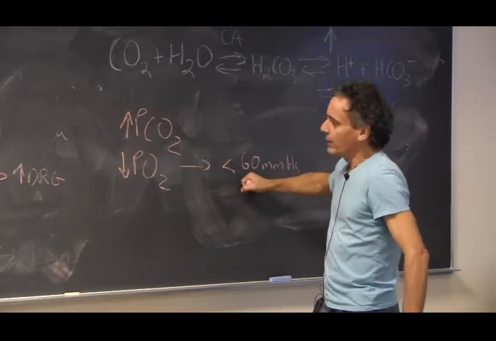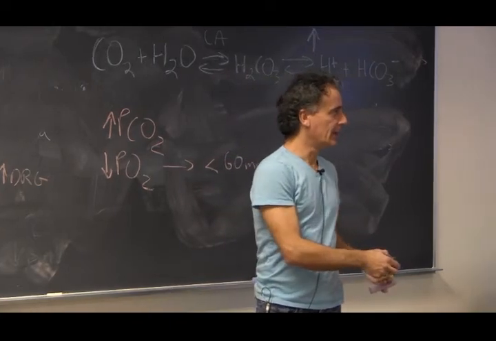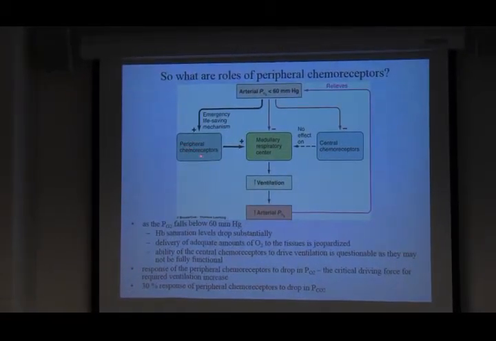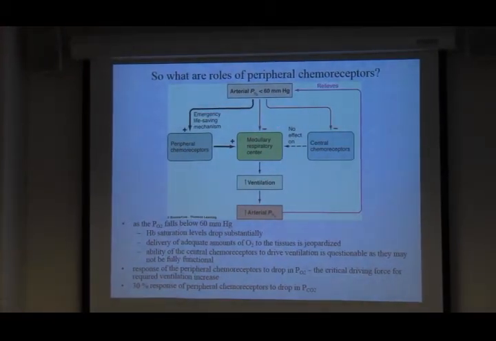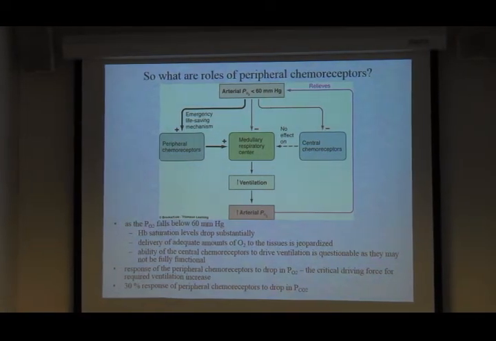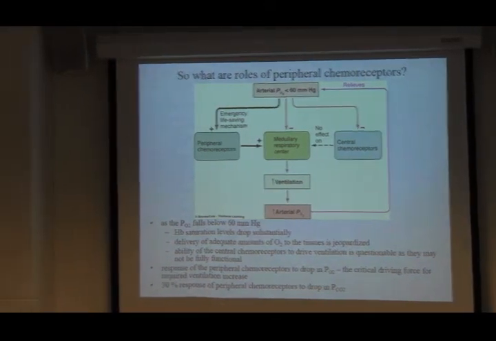At this point, the peripheral chemoreceptors, if you recall correctly, become active, and they in turn now begin to stimulate the DRG, and the pattern of breathing gets altered, and they begin to breathe at a higher rate and with an increased depth.